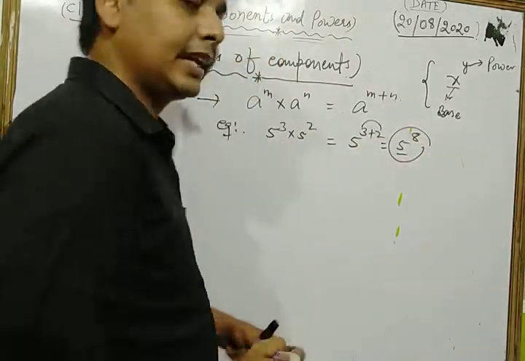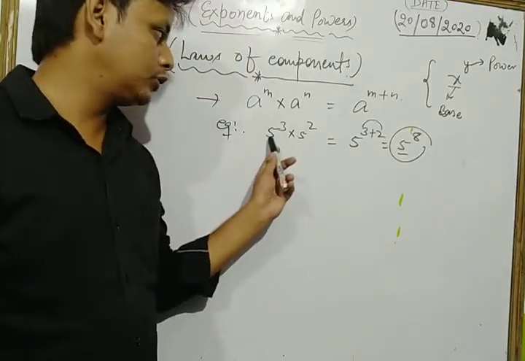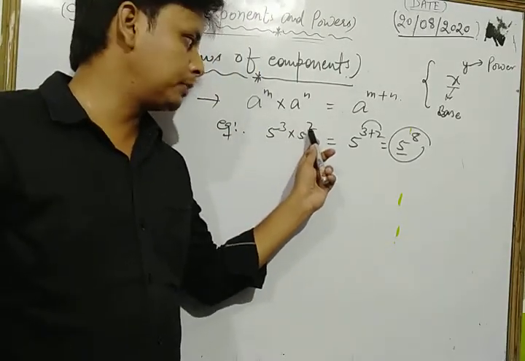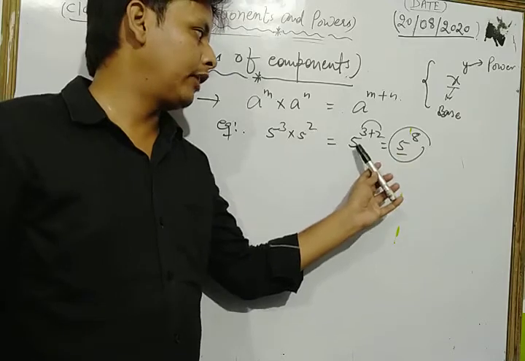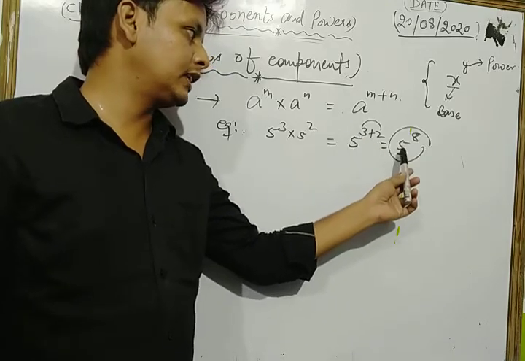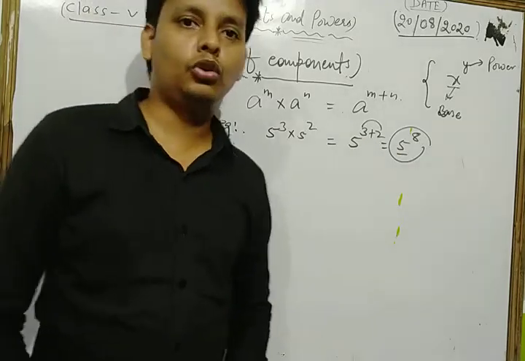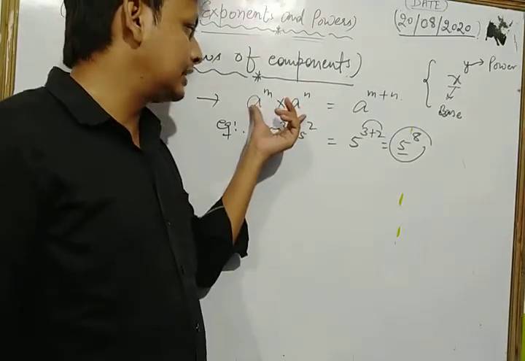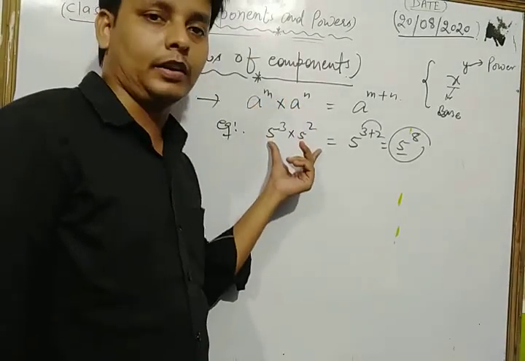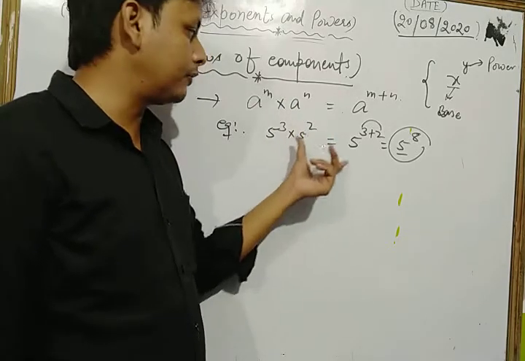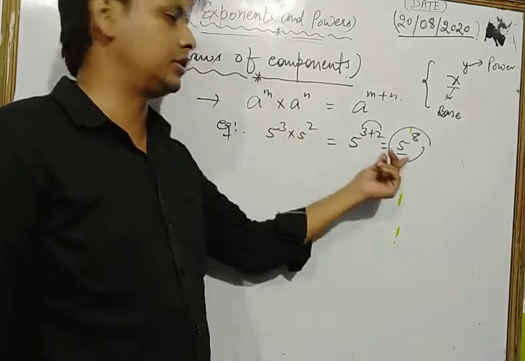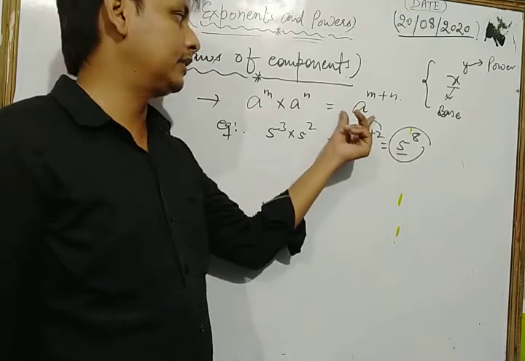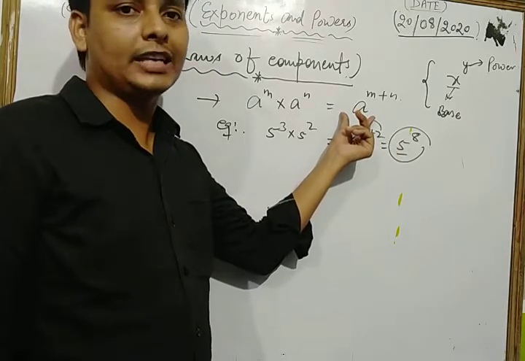So, dear students, we can write 5 to the power 3 into 5 to the power 2 as 5 to the power 3 plus 2, that is 5 to the power 8. We use this law in this way. If we simplify that type of question, we write it in this way. We apply the concept of the law of exponents.